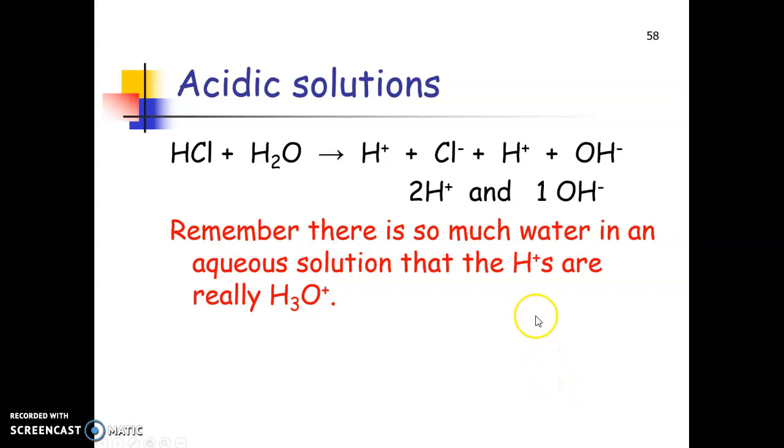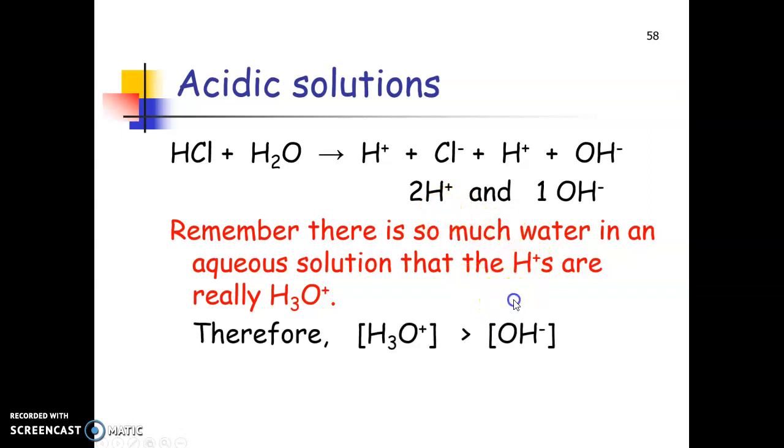Alright, so just to take a thought of what would occur as different things are put into solution. So hydrochloric acid, when it goes into solution with water, would make hydrogen ions, and there would be more hydrogen ions than hydroxide ions, which would make it an acidic solution.